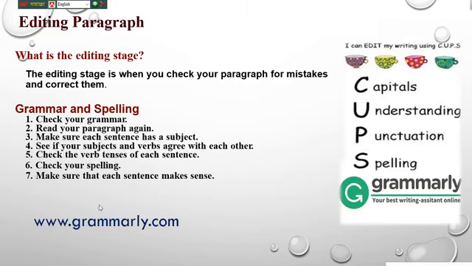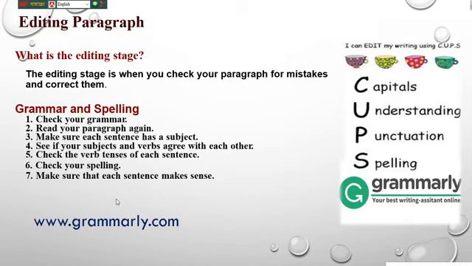And then check the verb tenses of your sentences. This is also very important because these are the grammar part. And then check your spelling. It is very easy nowadays. If you write on your PC, you can install a spelling checker, and it will help you do this automatically.